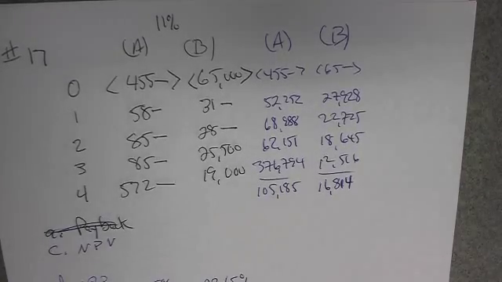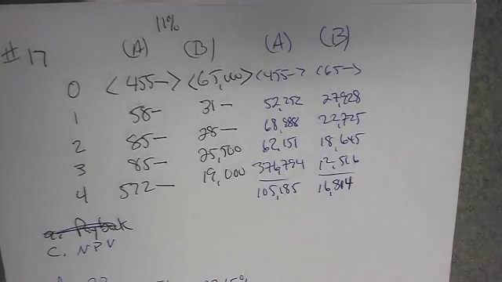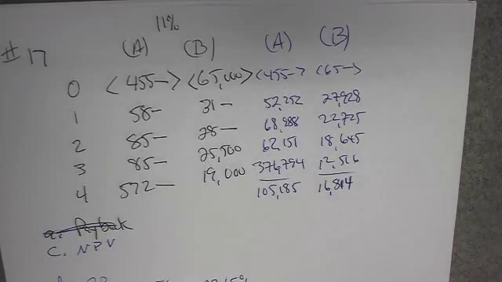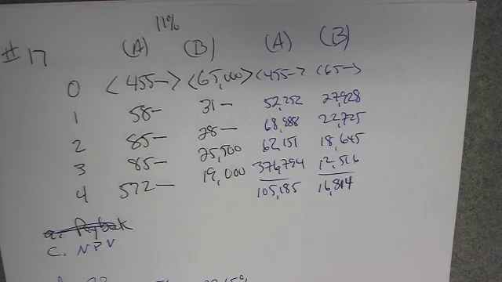Okay, so we've done A, B, C, D. What's E? If you apply the profitability index criteria, which investment will you choose? Well, the profitability index, remember, is going to be the present value of the future cash flows divided by the investment.